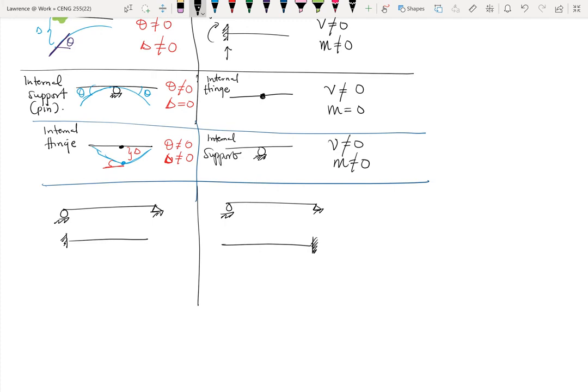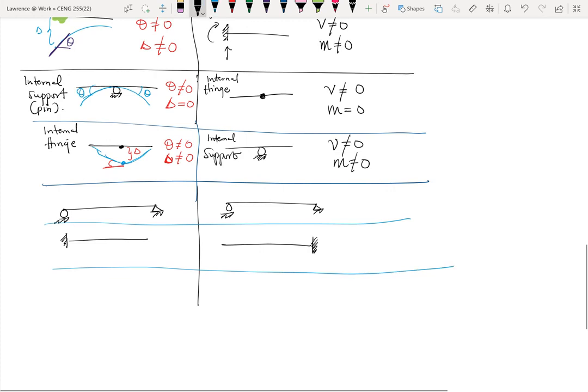Let's look at one or two more examples. Let's say I have another beam arrangement this way. I have a pin support at the end and then a roller somewhere at mid-span, somewhere in between on the span.